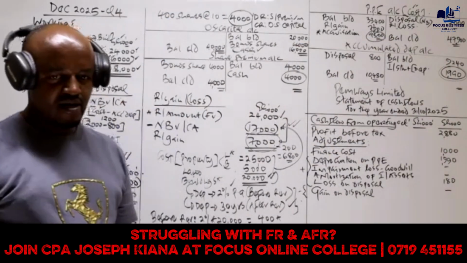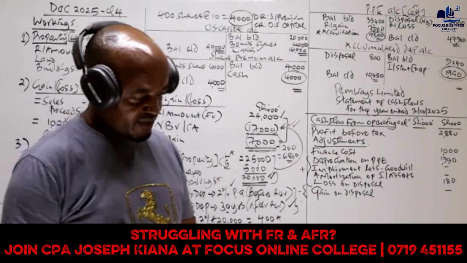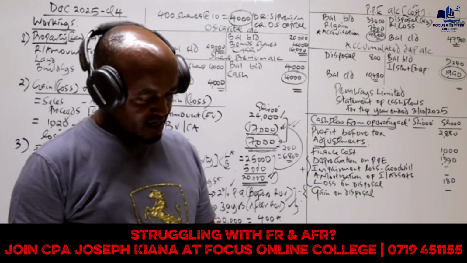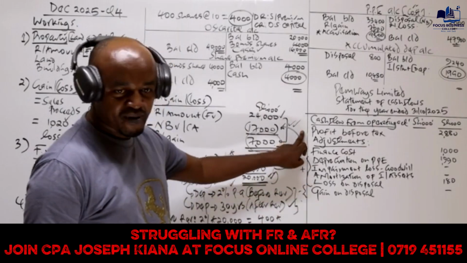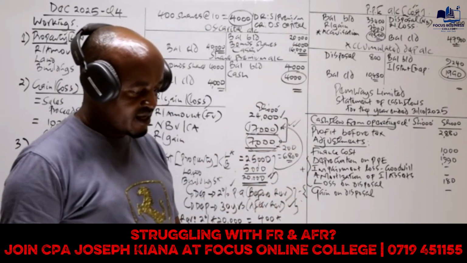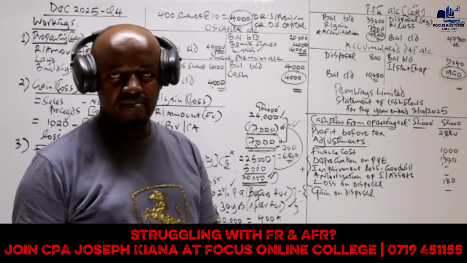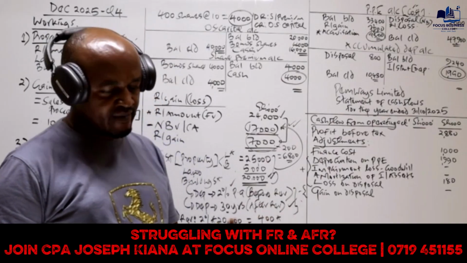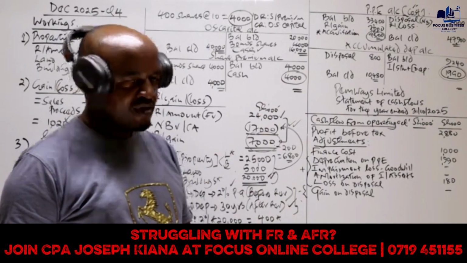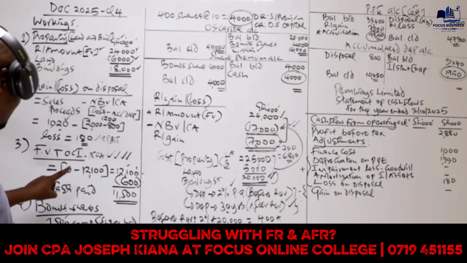Then in this income statement, can we go to the income statement which we have? Just above this profit, there is something called investment income. Now, this investment income, we are told there are dividends which were received. I hope you can recall our company has invested in shares.